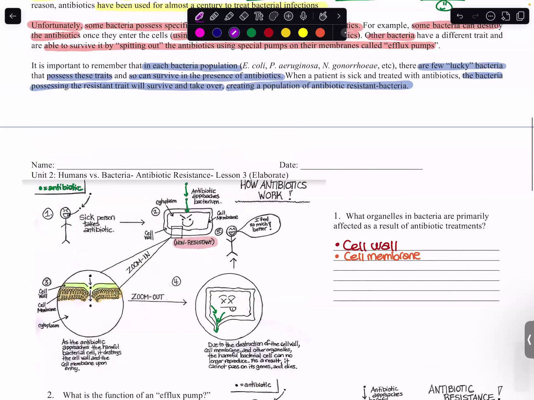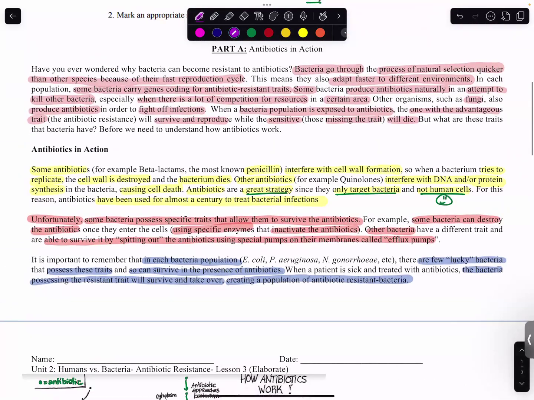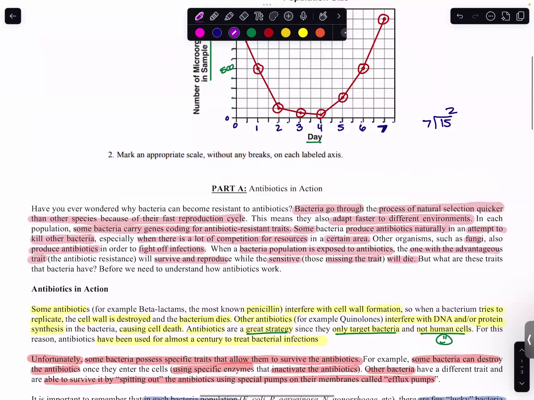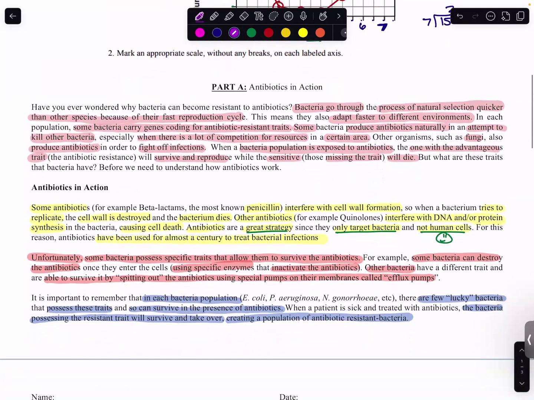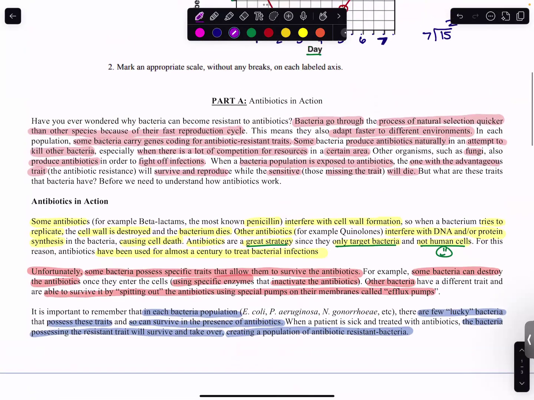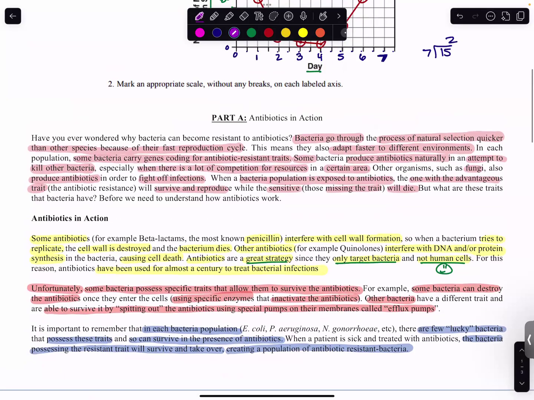And if we remember from the reading, it says that the way antibiotics work is that they can destroy the cell wall or they can prevent or interfere with DNA and or protein synthesis.